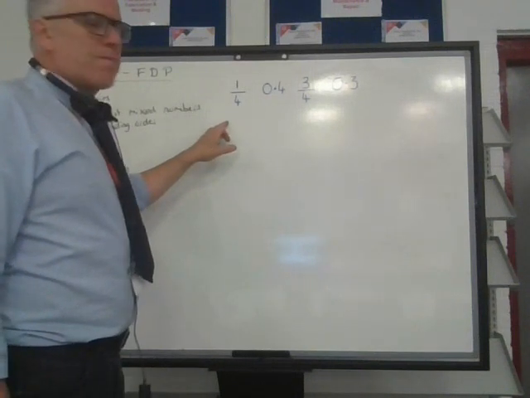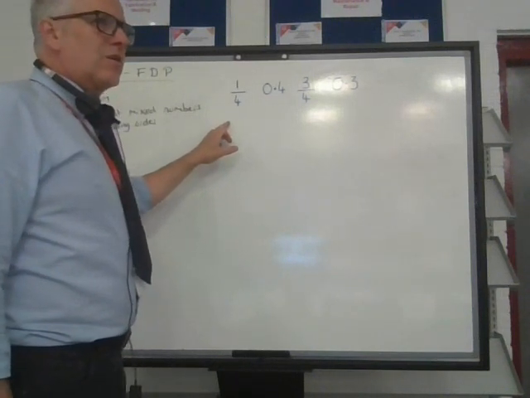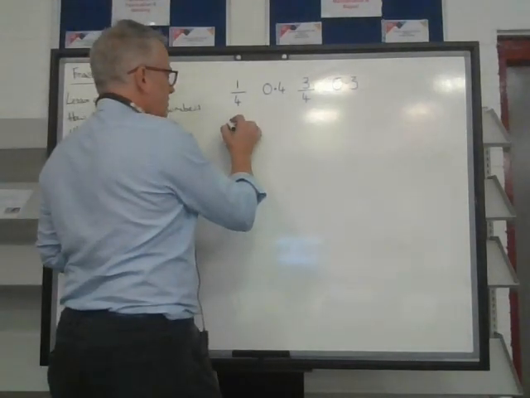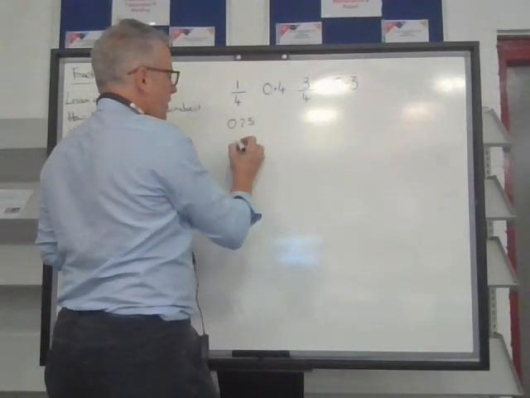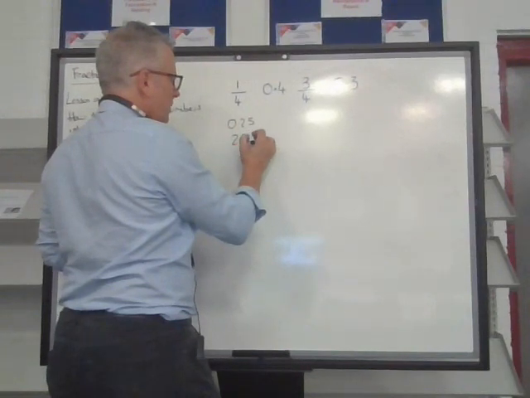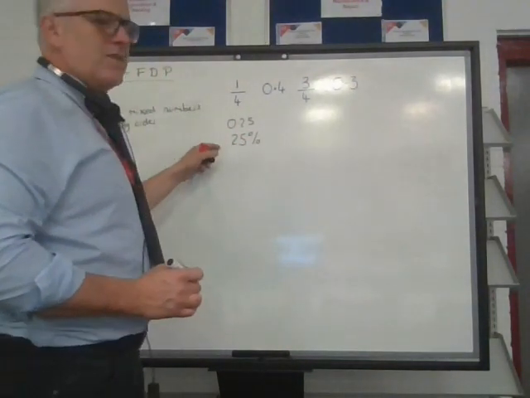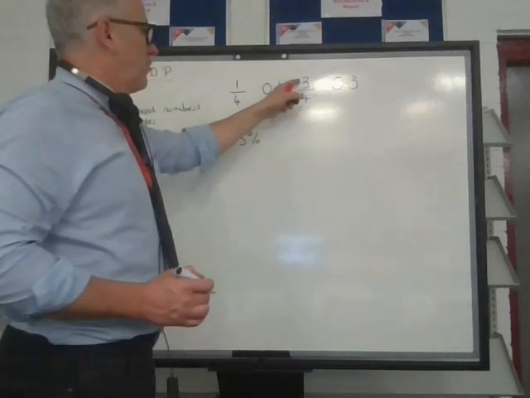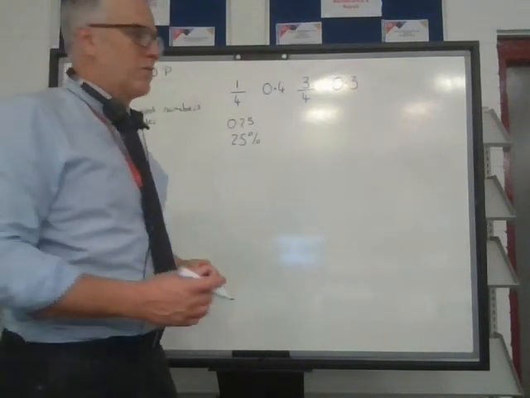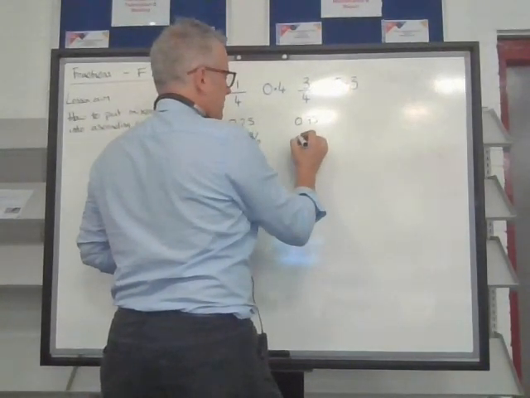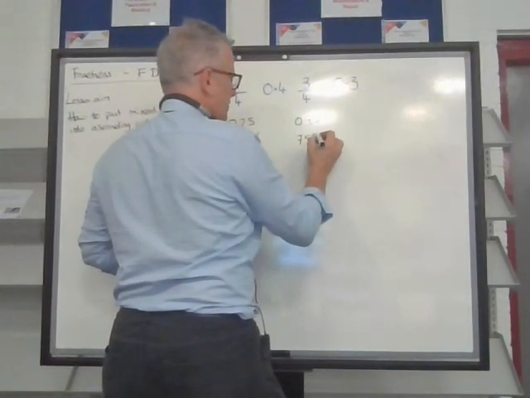A quarter, common knowledge, a quarter is the same as 0.25, which is the same as 25%. If 1/4 is 25% or 0.25, 3/4 is 3 lots of 0.25, which is 0.75, which is 75%.